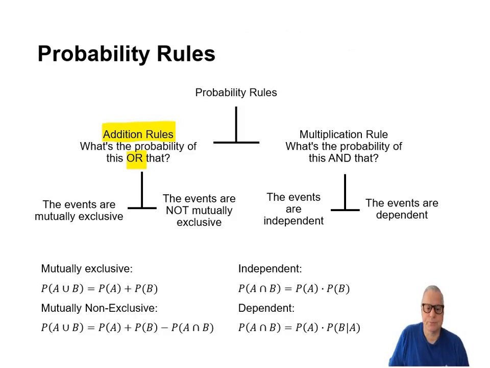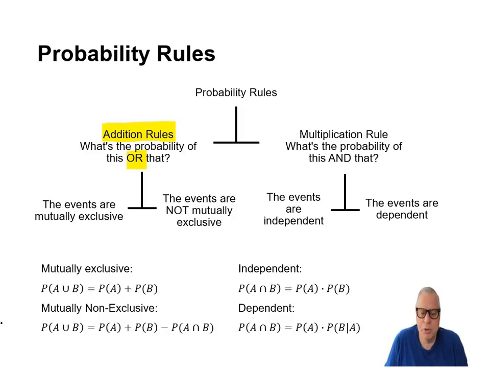So in other words, if we have mutually non-exclusive events, like what's the probability that when you roll a die you get a number less than 5 or an odd number, well, then if we don't subtract the probability of being odd and less than 5, we would double count them in those individual probabilities.